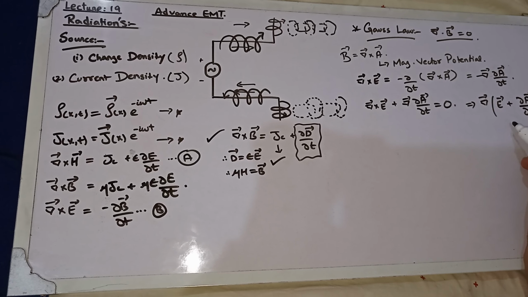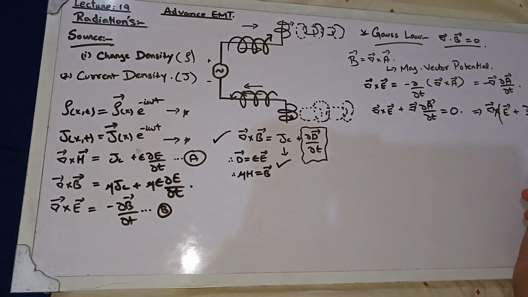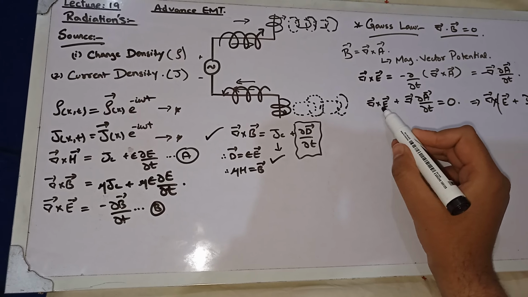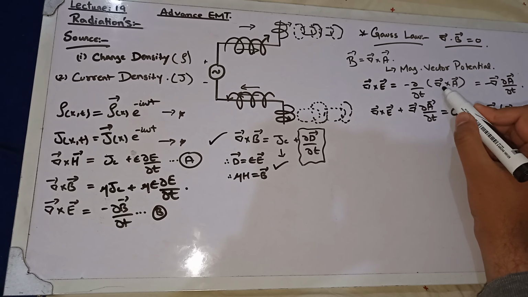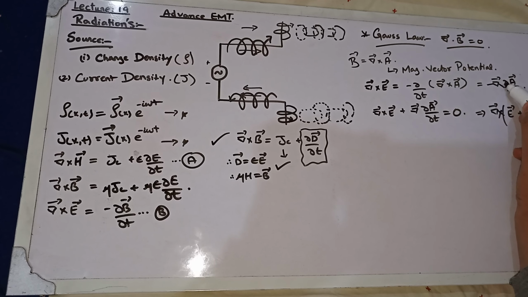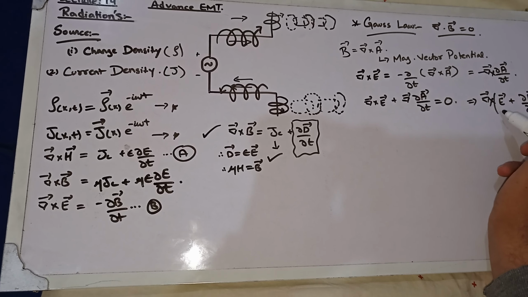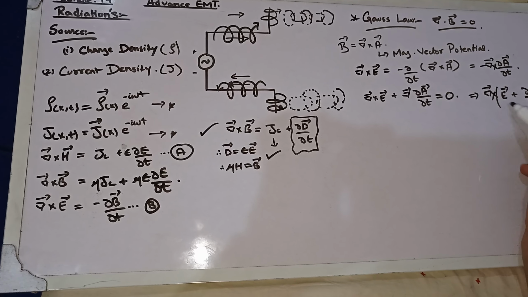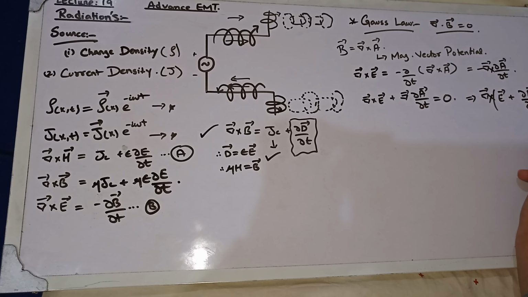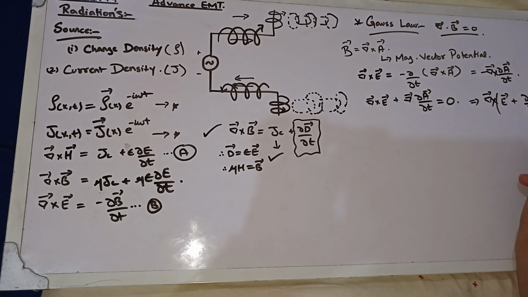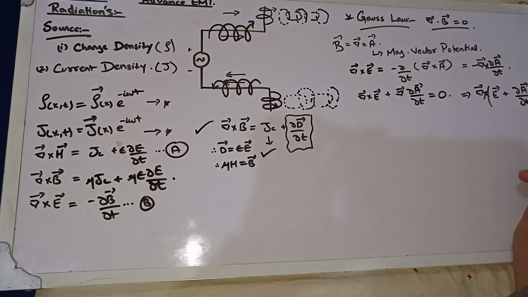Here you know the property: if the curl of something is zero, it means it is the gradient of some scalar.